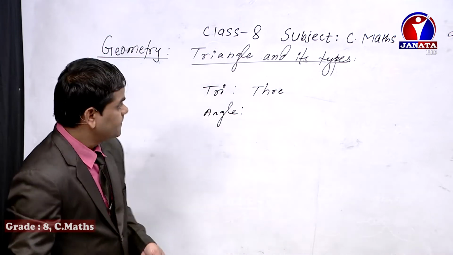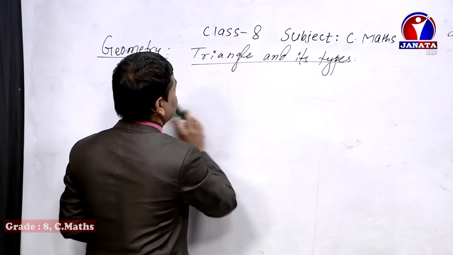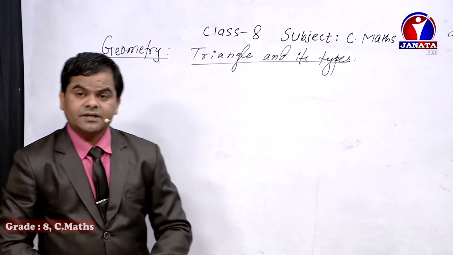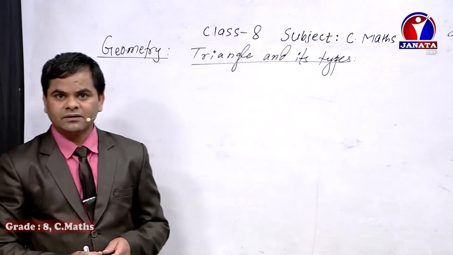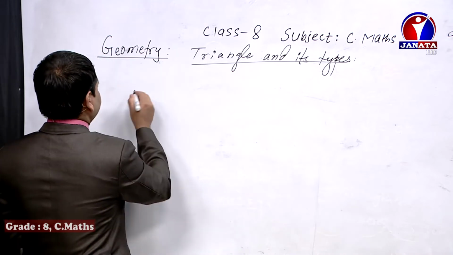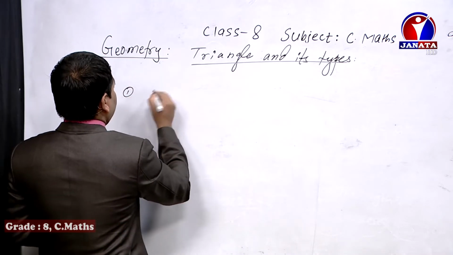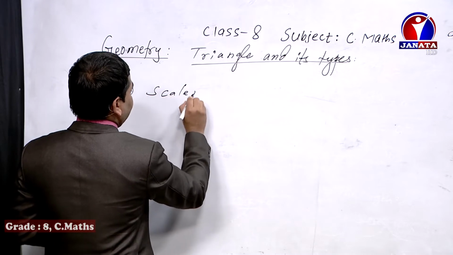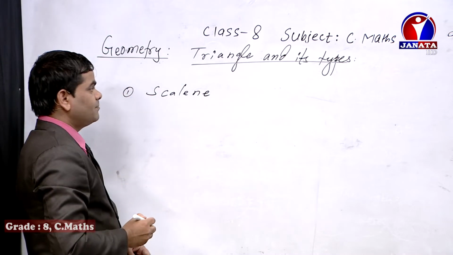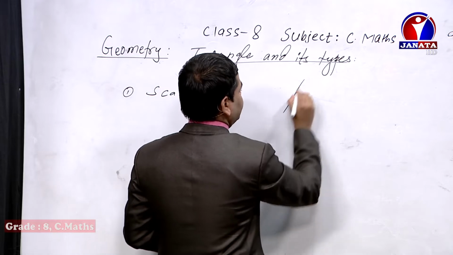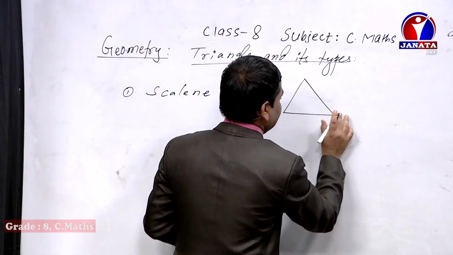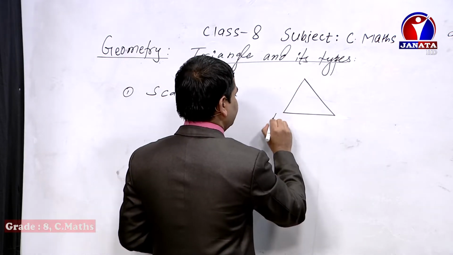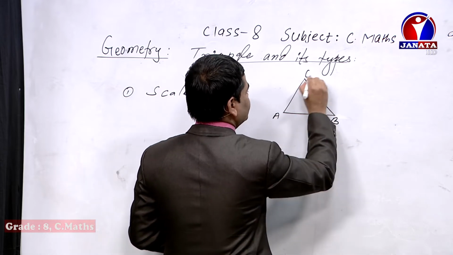Dear students, in case of the types of triangle, there are generally four types of triangle. One is the scalene triangle. It means a triangle, dear student, having all three sides not equal to each other. For example, ABC is a triangle.